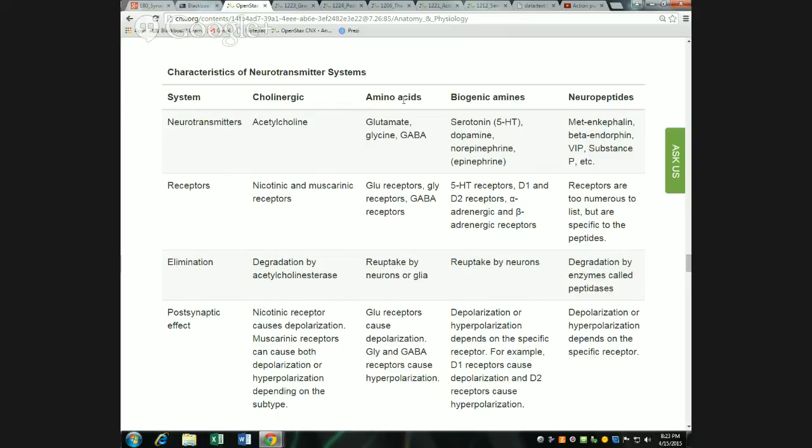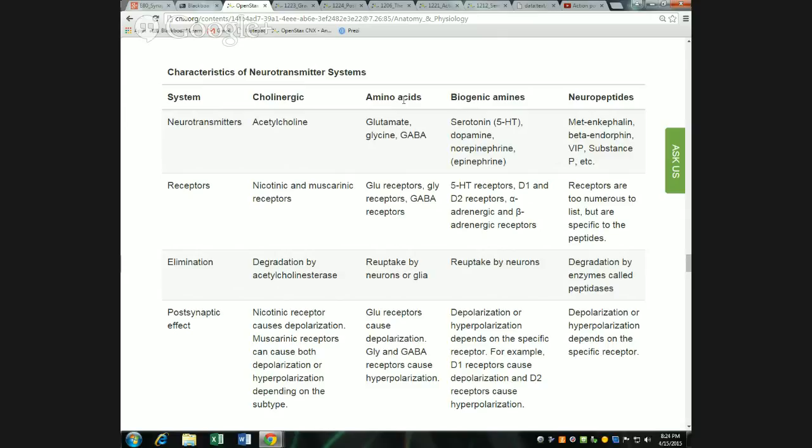Okay. Glutamate is strictly excitatory. Glycine, GABA, and serotonin are strictly inhibitory. Acetylcholine can do either, and then dopamine and norepinephrine can do either also. Dopamine belongs to what we would call the dopaminergic system, and it's got two types of receptors called D1 and D2 receptors.